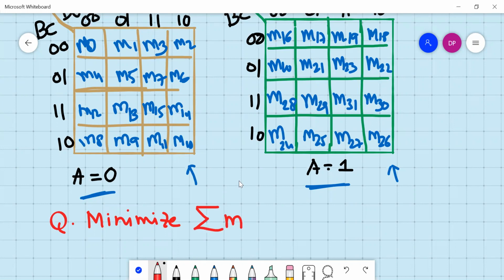This is given small m of 0, 2, 4, 6, then let's say 13, 14.